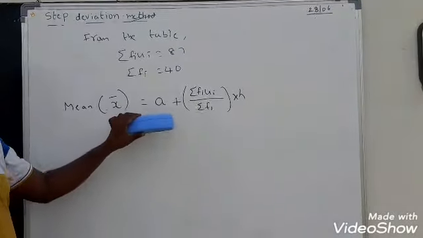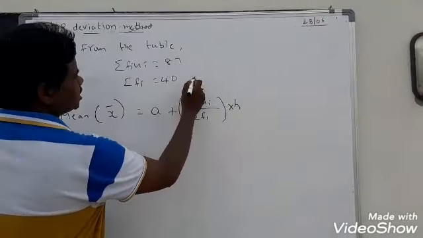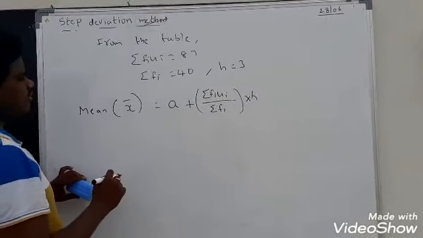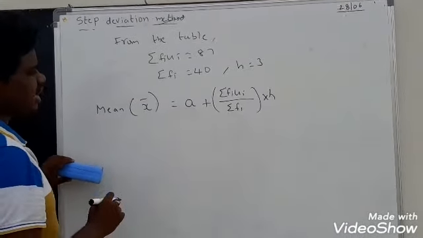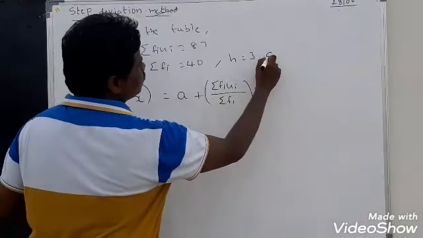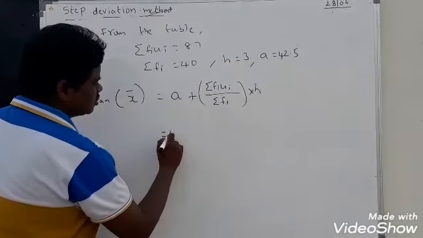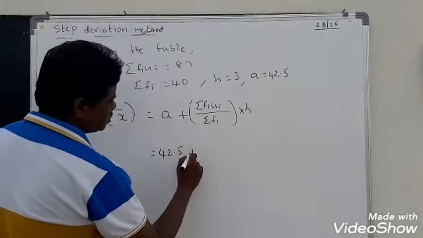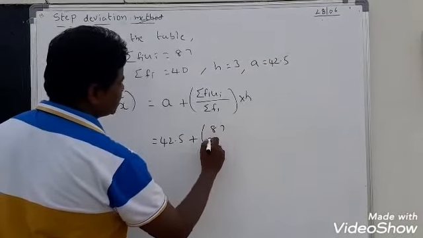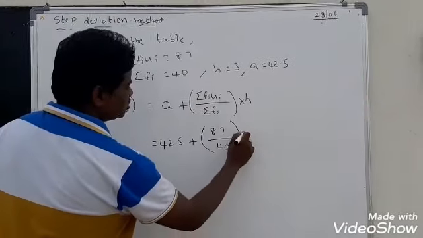This is the mean formula for the step deviation method. The value of a is 42.5. So 42.5 plus 87 by 40 into 3.